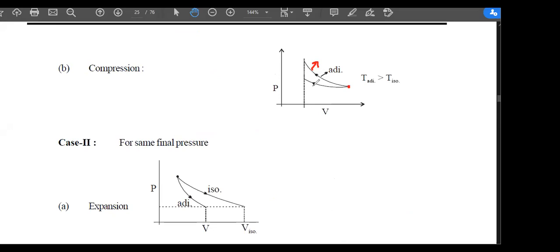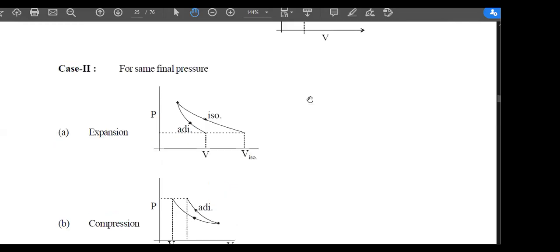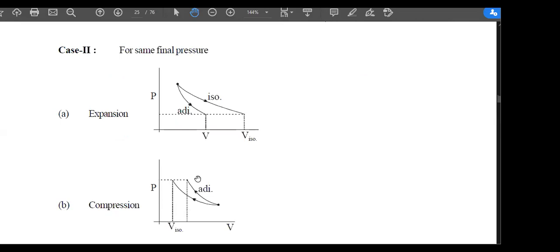So I can say that when we talk about expansion, if we have two curves, the upper curve will be of isothermal and the lower curve will be of adiabatic. Now when you talk about compression, the above curve will be of adiabatic and the lower curve will be of isothermal. This is one of the most important concepts that you have to remember. Got it, everyone?